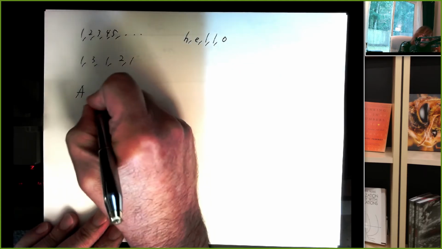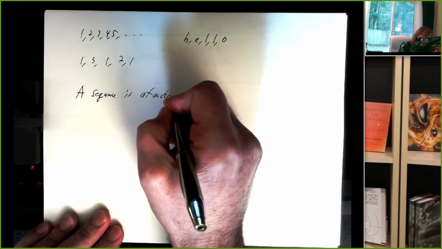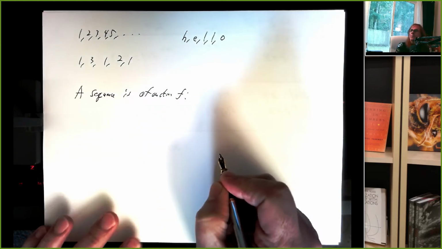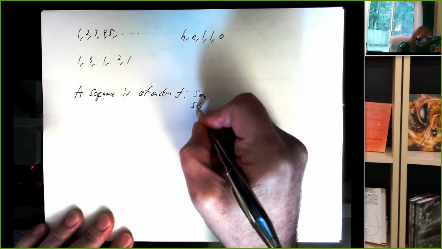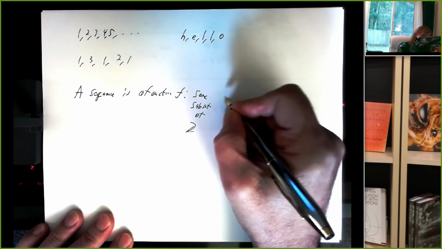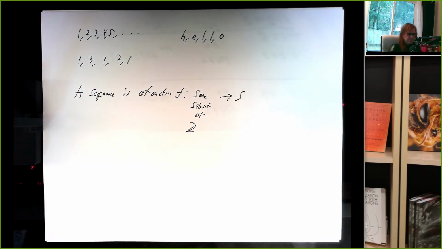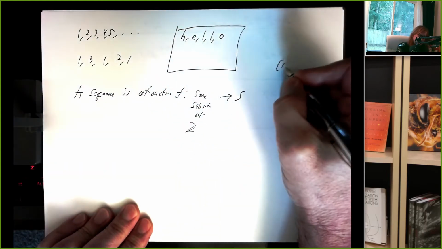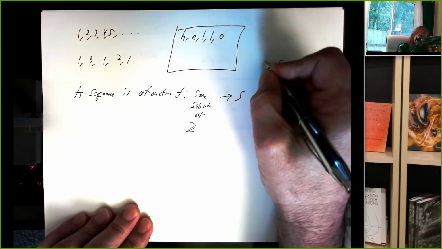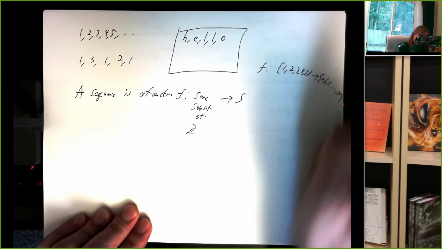We can describe a sequence as a function f going from some subset of Z into some other set S. In this case, it's a function going from the set 1, 2, 3, 4, 5 into the set containing lowercase letters, for example.